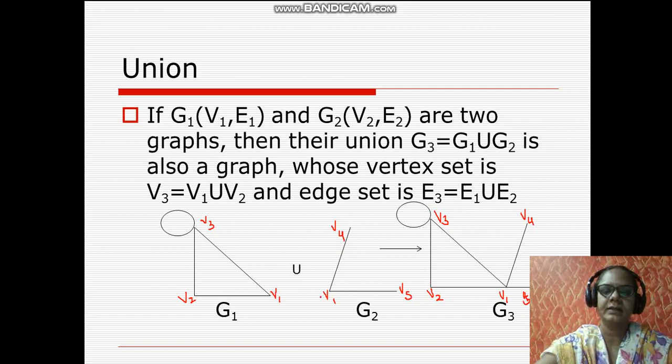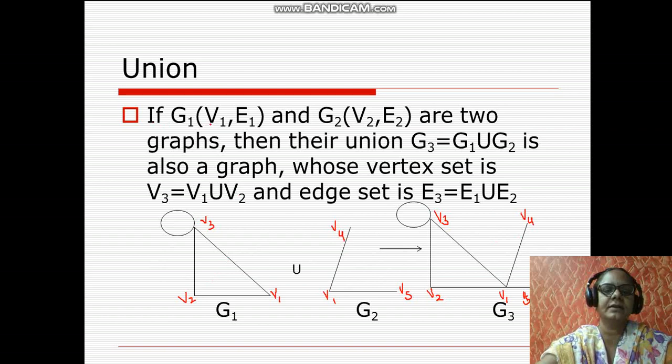Then V1 to V4. So this joining of graph 1 and graph 2 together is the concept of union. Here we are preserving all edges of the first graph and all edges of the second graph, and all vertices of the first graph and all vertices of the second graph are being preserved over here. So this is our union.